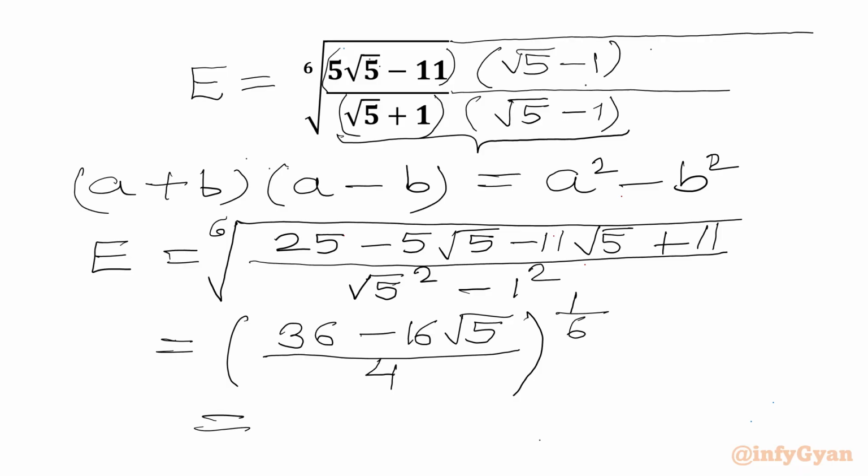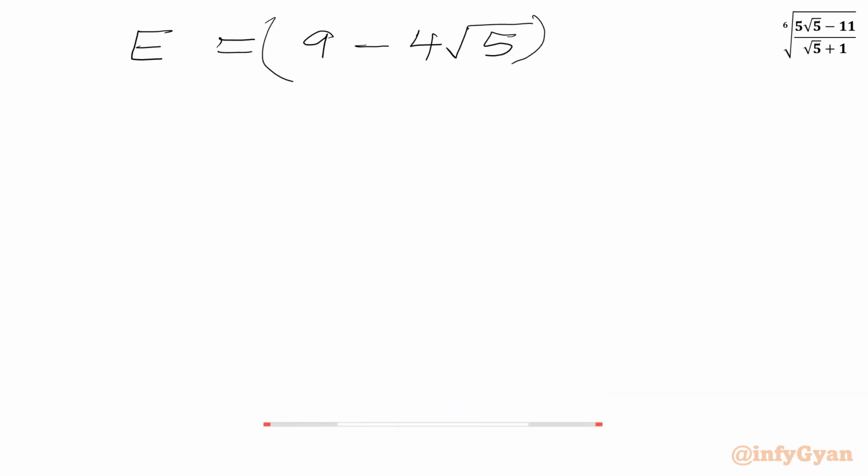Or we can write 9 minus 4 square root 5, and the power will be 1 over 6. Let me write expression E equal to (9 minus 4 square root 5) with power 1 over 6.